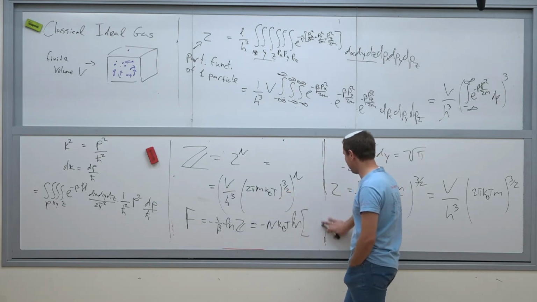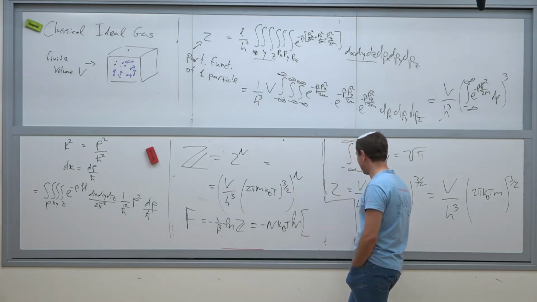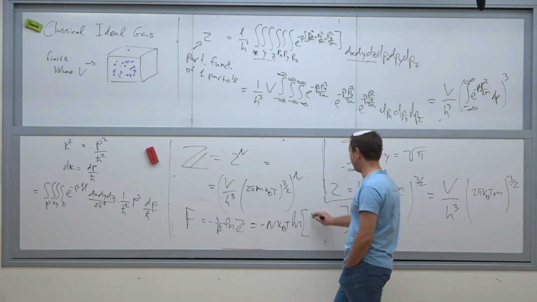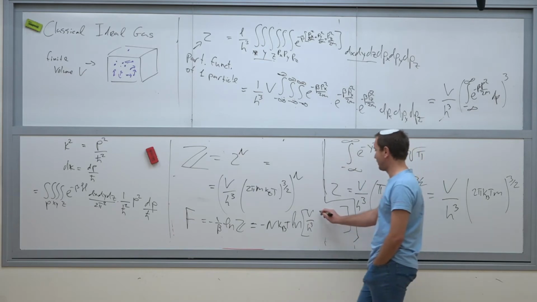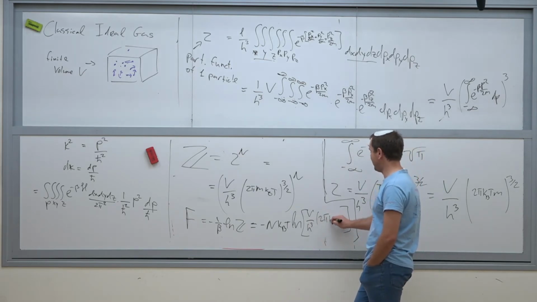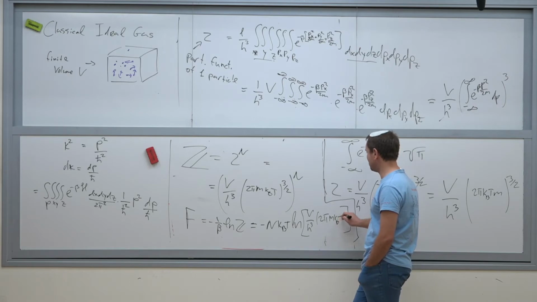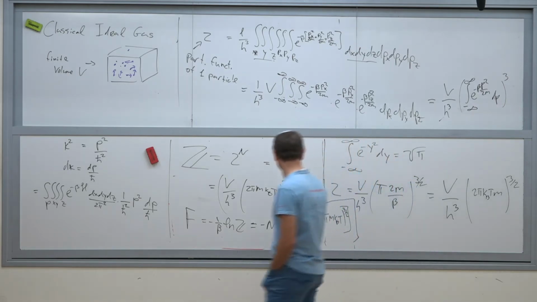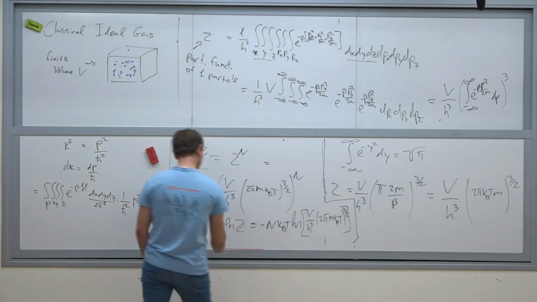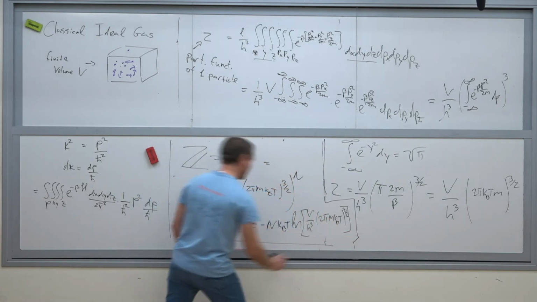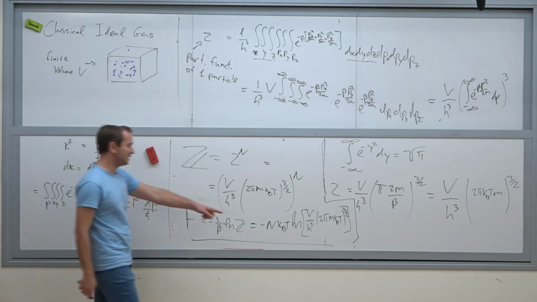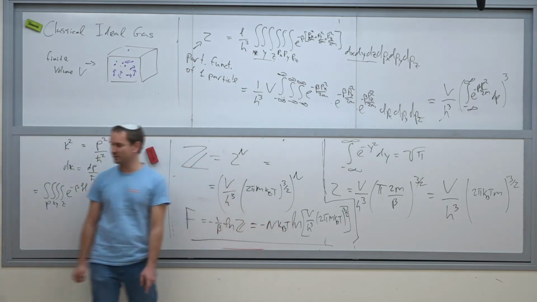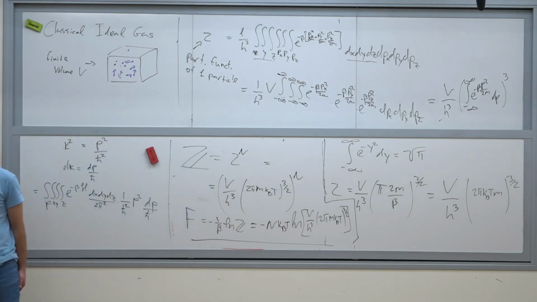So we have here V divided by Planck constant cubed, (2π m k_B T)^{3/2}. This is our free energy. And this is not extensive. Why is it not extensive?